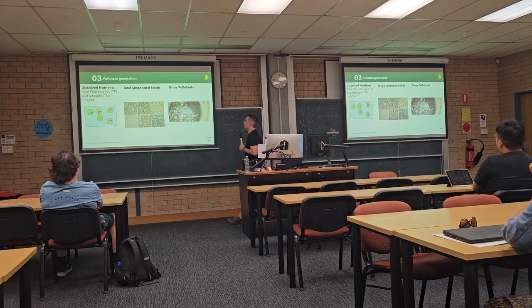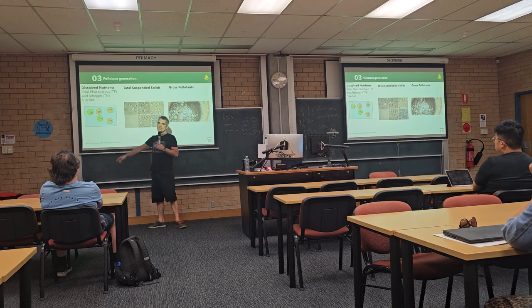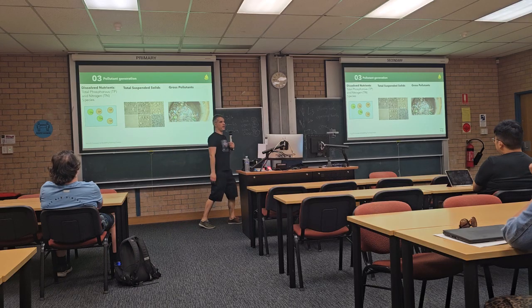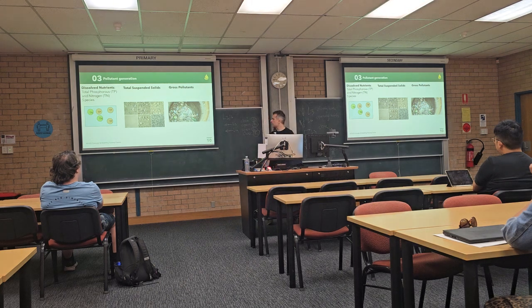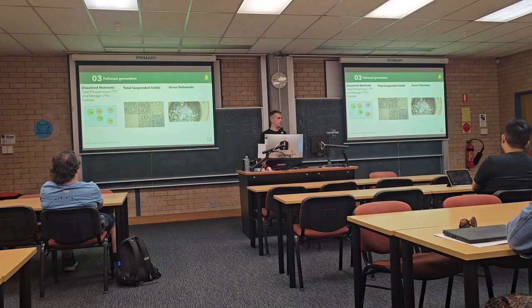If you're wondering what happens if the gross pollutants sit in the gross pollutant trap too long, you're going to end up with this, which is very, very bad. The gross pollutant traps, especially the wet ones, which is most of them now, regardless of what some manufacturers say, there may be some that are not super wet, but the leaf matter, sticks, and other things sit there and decompose.